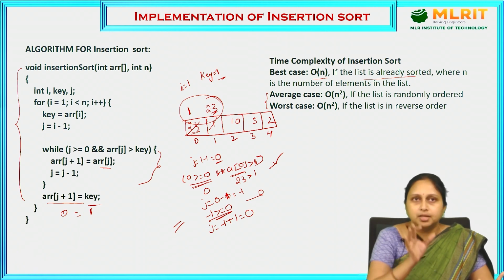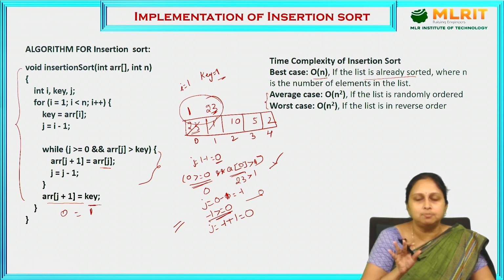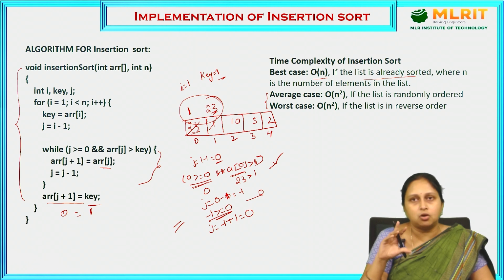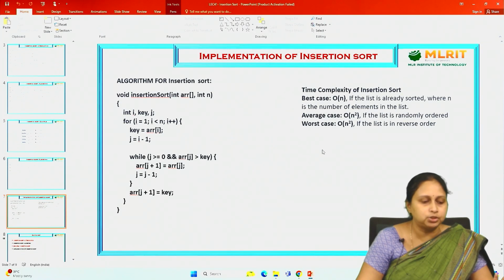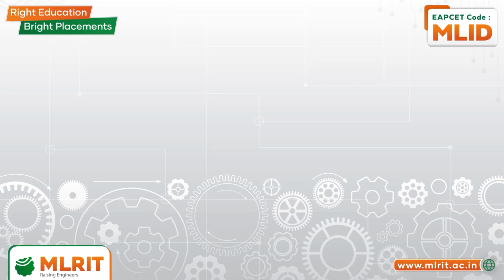Let us see the implementation part of this insertion sort. Why? Because the same logic we are going to write, instead of in the main function, and only this insertion logic we are going to write separately. Let me show you this in the online GDB compiler, and then we'll see the execution part also.